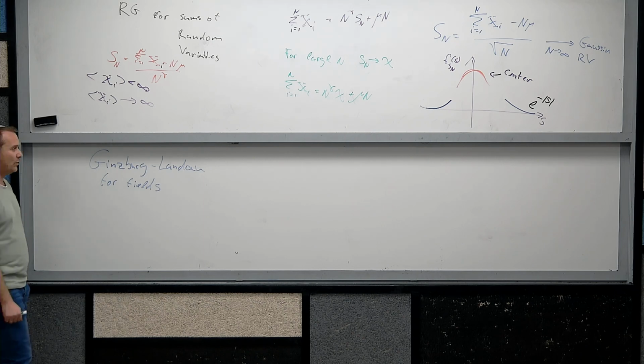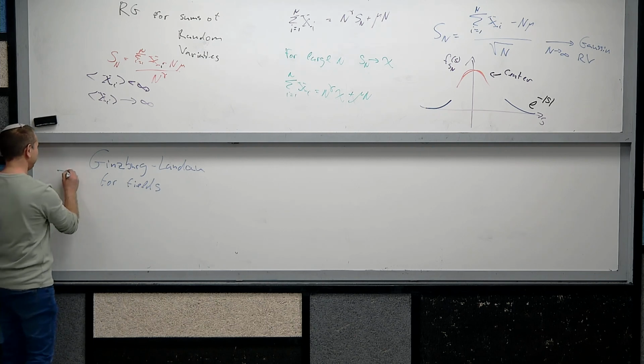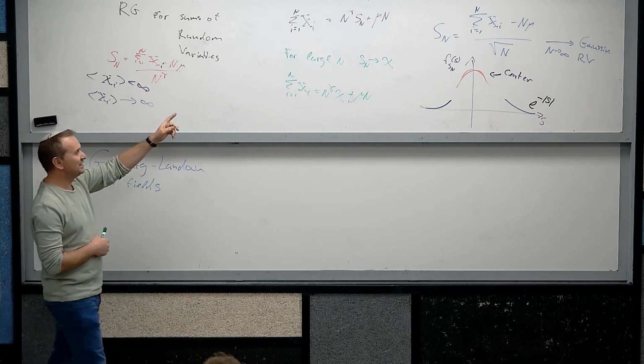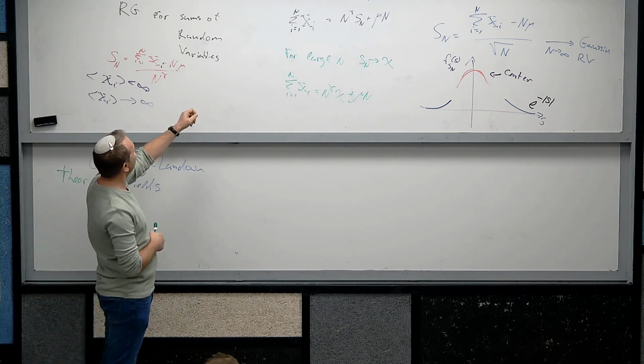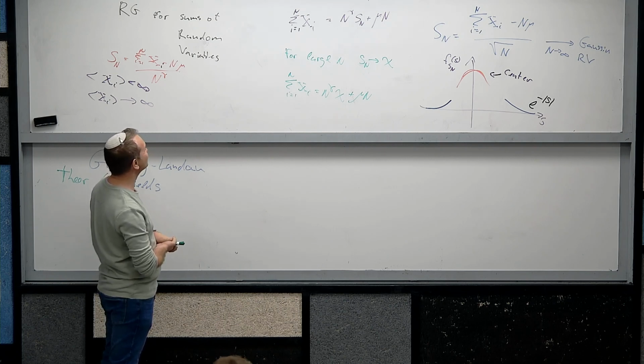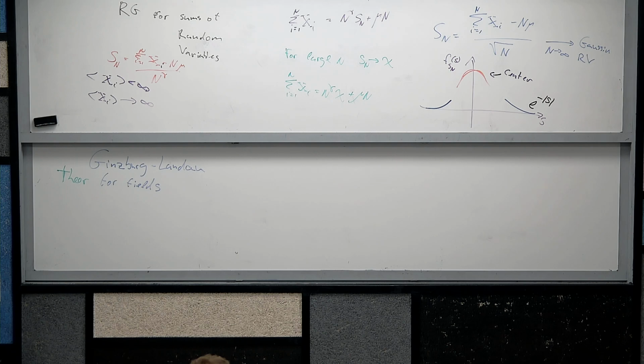All right, so we're going back to the Ginzburg-Landau theory for fields, and let's try to understand how those ideas of scaling and invariant probability density functions are applicable to fields. So what do we have?